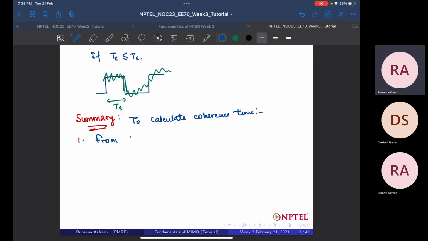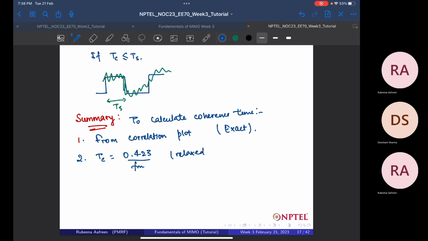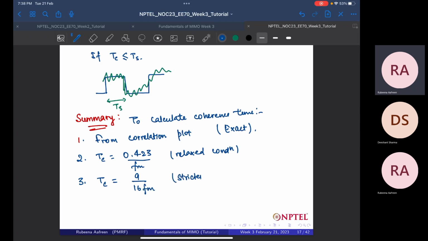First thing is from the correlation plot. This would be the exact method of counting. The second is Tc equals 0.423 by Fm. This is the relaxed condition. And the third one is Tc is 9 upon 16 Fm, the stricter condition.